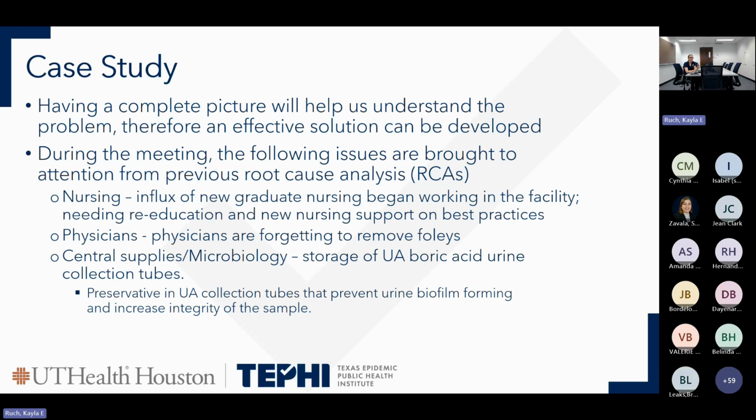So this could be potentially that since they're new, maybe they don't feel as comfortable, maybe they need some more mentorship. Let's talk about re-education. Let's provide them support so they're not feeling as nervous, or that they don't feel like this is punitive or that they've done something wrong, to really emulate best practices.